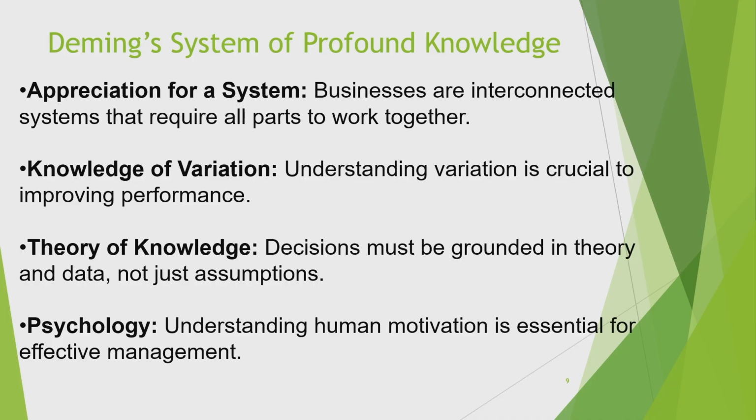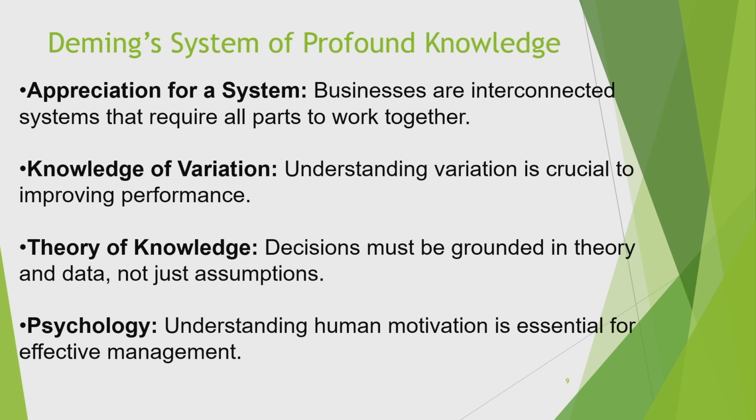So, the main thing is that Deming also gave a system of profound knowledge. The first thing is appreciation for a system. Businesses are interconnected systems that require all parts to work together. Then knowledge of variation. Understanding variation is crucial to improving performance. When somebody is doing work, he will not always be working at his optimum level, there will be some fluctuations.